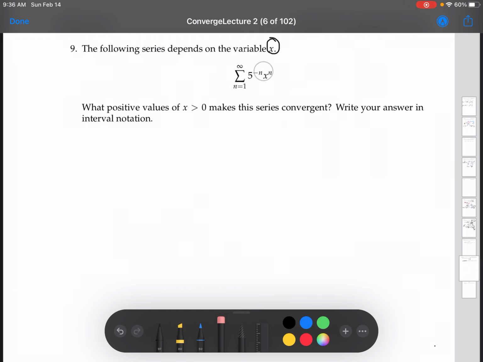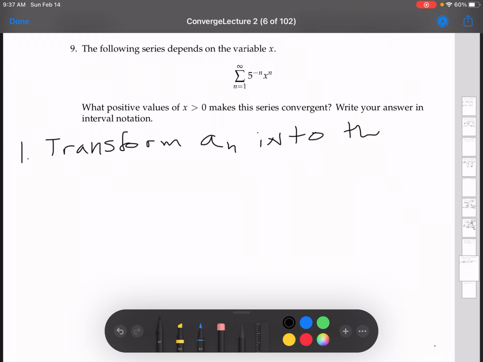These types of problems come down to two basic steps. The first step is to transform a_n into the form c times r to the n.